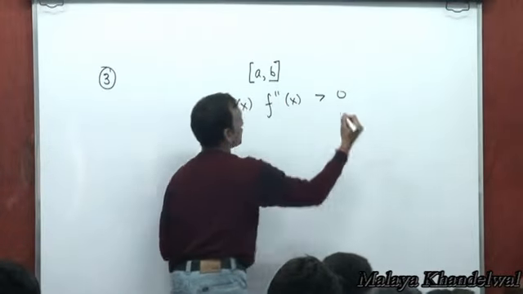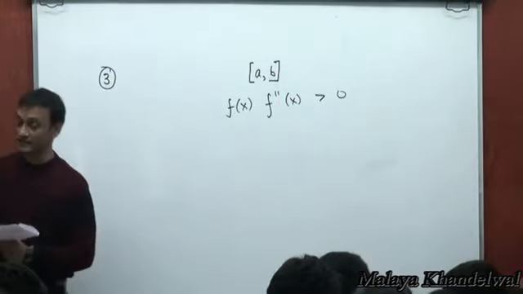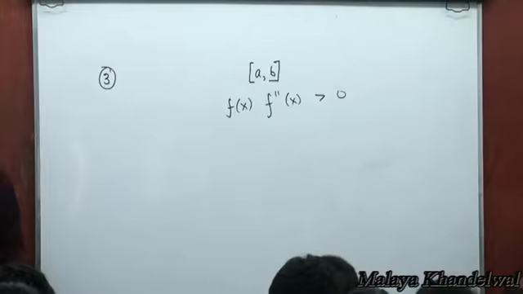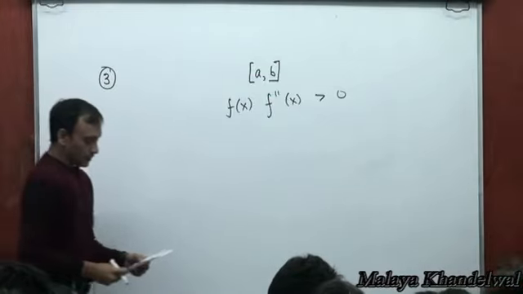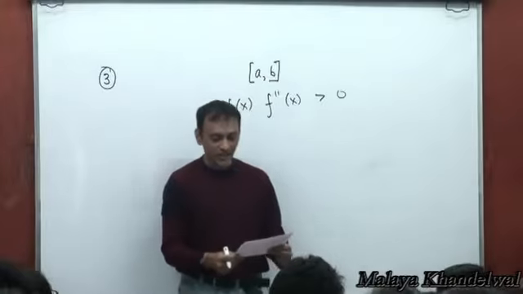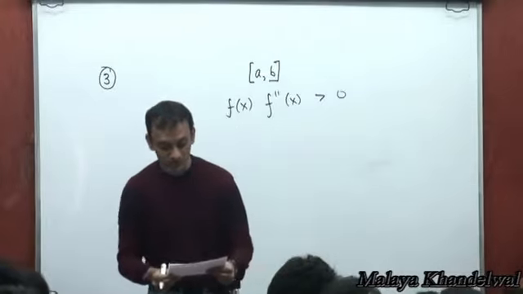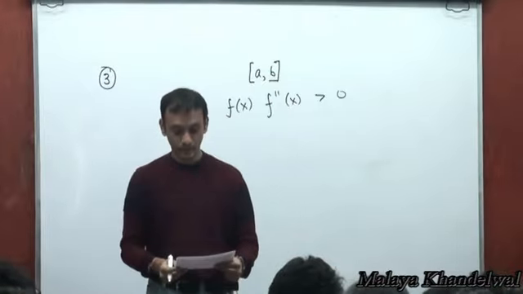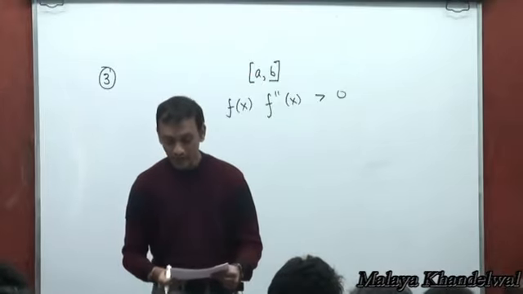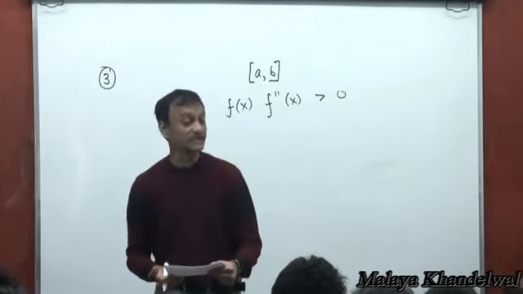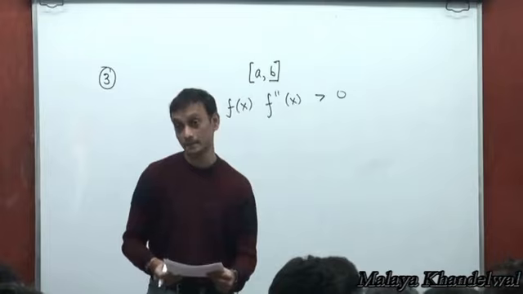They have the same sign, either both positive or both negative in the interval a to b. Statement 1: f dash x equal to 0 has at most one real root in (a, b). That's a statement. And statement 2: an increasing function can intersect the x-axis at most once.